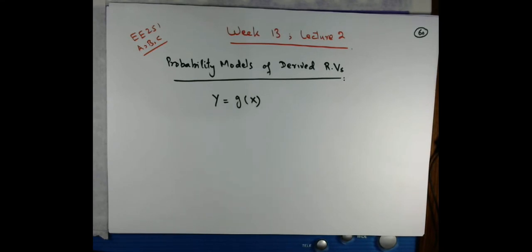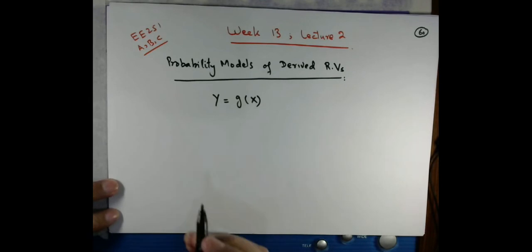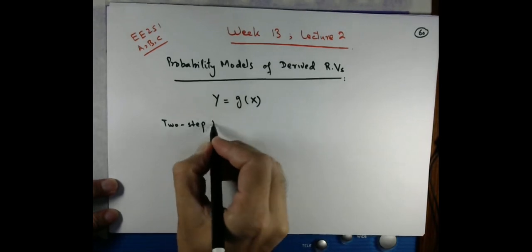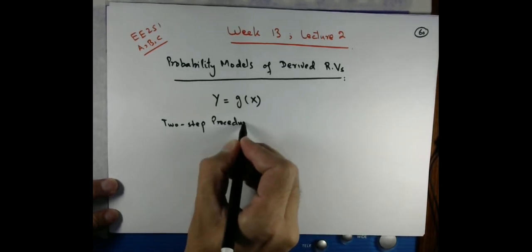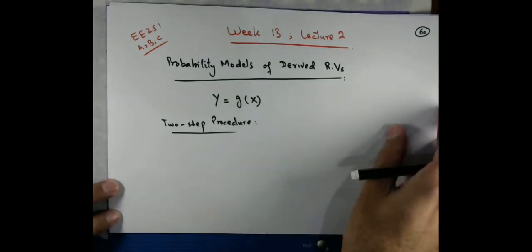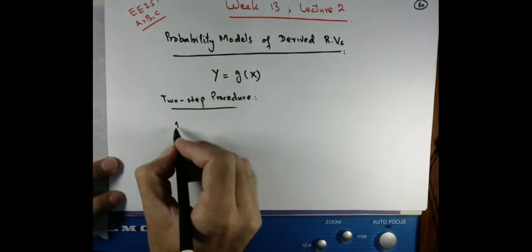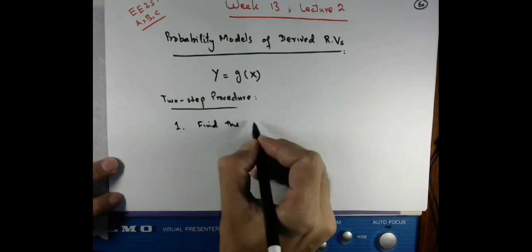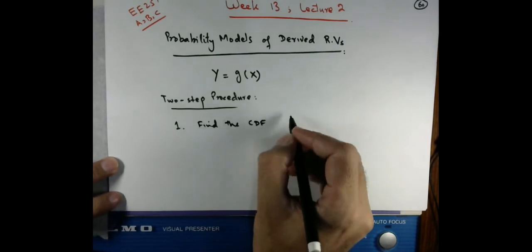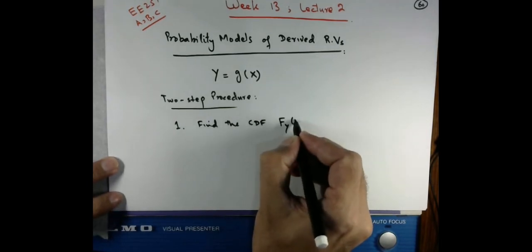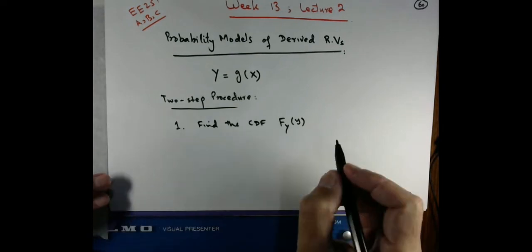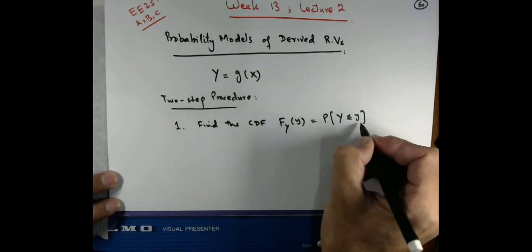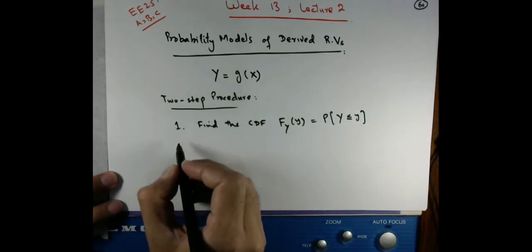So in the continuous case, we always follow a two-step procedure, which is as follows. In the first step, you find the CDF of the derived random variable, which means F sub Y of y, and you know this is nothing but the probability that the random variable Y is no greater than this, the total probability.